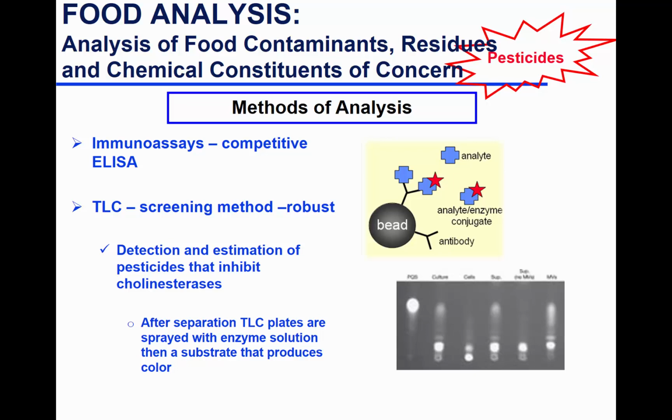So they spray the whole plate with this enzyme, and then they spray it with a substrate specific for that enzyme. The substrate will produce color. If you have a pesticide in there, it inhibits that enzyme, so you don't see color, you just see clear zones. That means the enzyme is being inhibited because there is a pesticide there, which indicates the presence of pesticide.